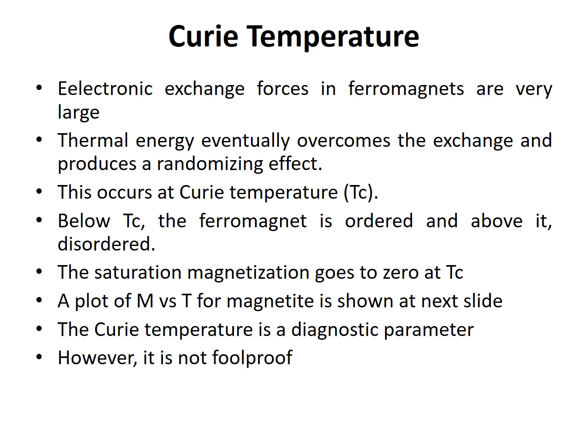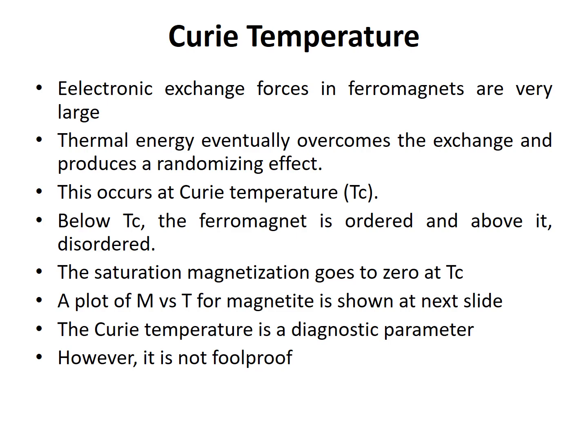What is Curie temperature? Even though electronic exchange forces in ferromagnets are very large, thermal energy eventually overcomes the exchange and produces a randomizing effect. This occurs at a particular temperature that is called the Curie temperature. Below the Curie temperature, ferromagnets are ordered, and above it, disordered.